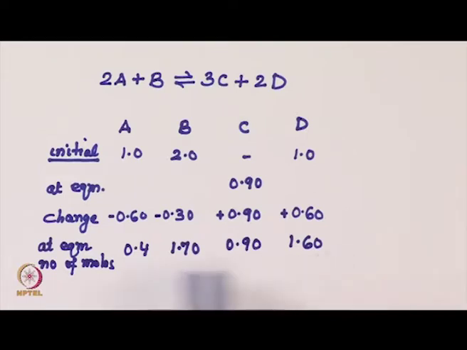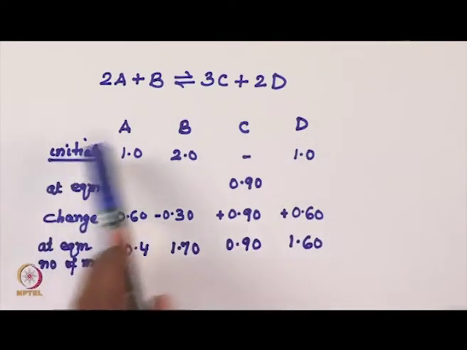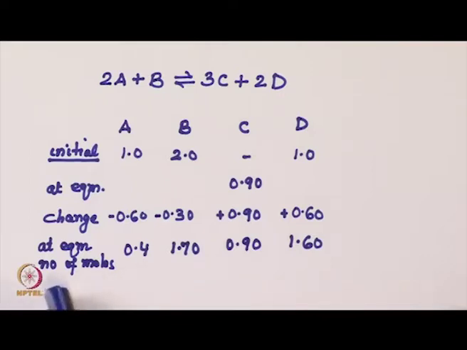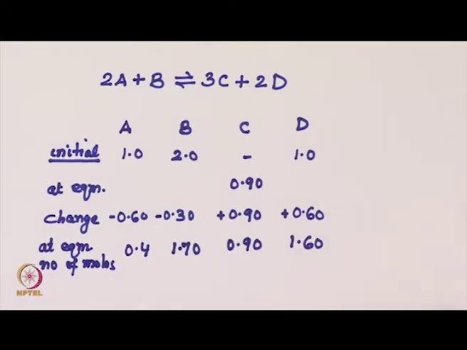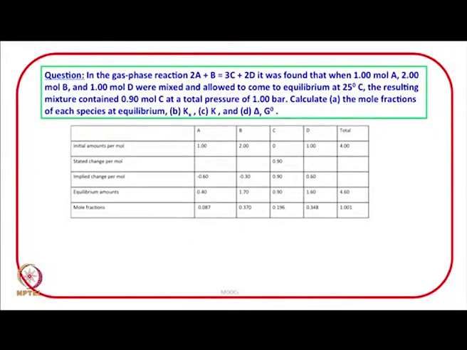So I hope these calculations are very clear. It is very important to understand how we arrived at these numbers. Now let us go back to the slide and look at the table. We have calculated the equilibrium amounts in terms of number of moles.